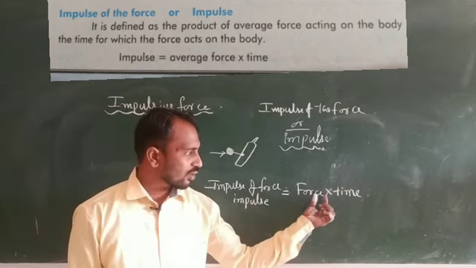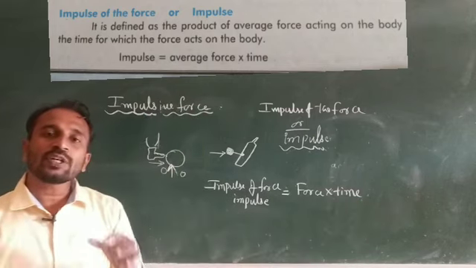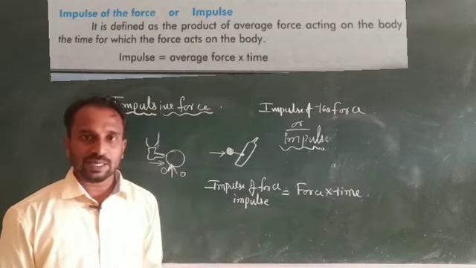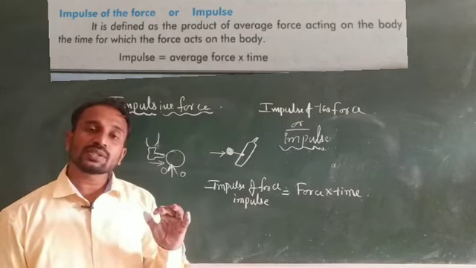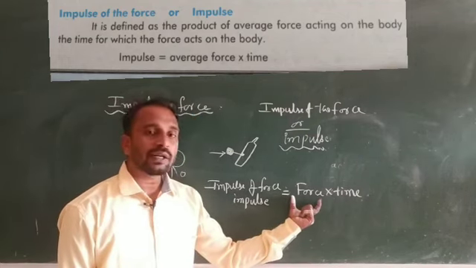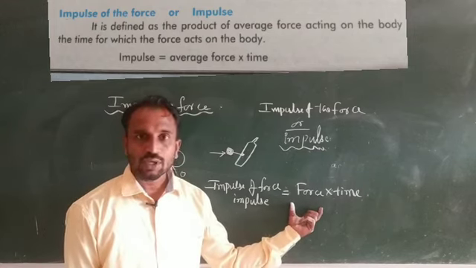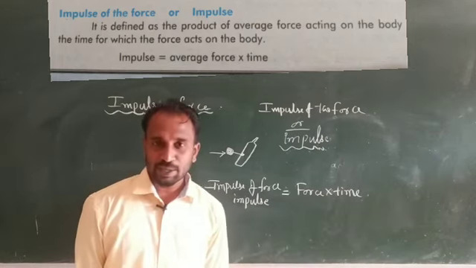It means it is the product of average force and time. It means how much force acts in a short interval of time, the maximum force acting in a small interval of time. So here we consider the time interval and the amount of force, or average force. So impulse is equal to average force into time.